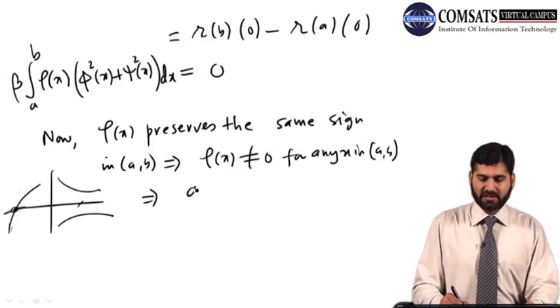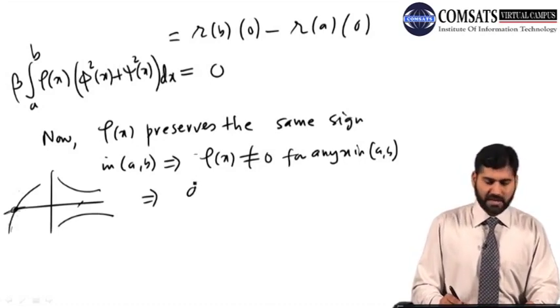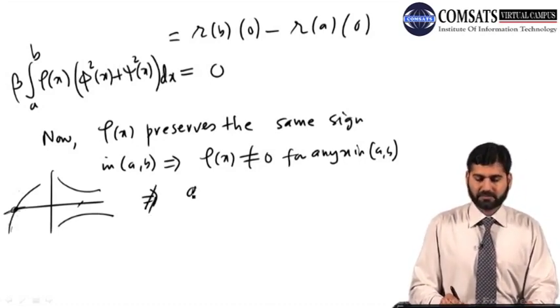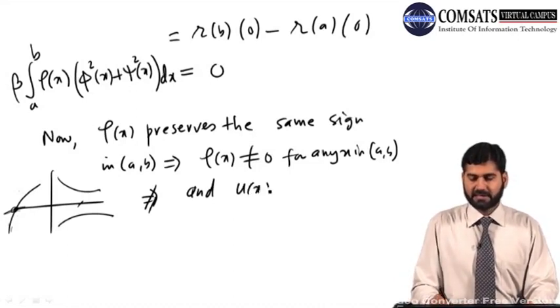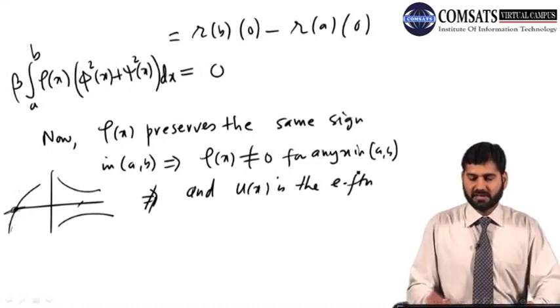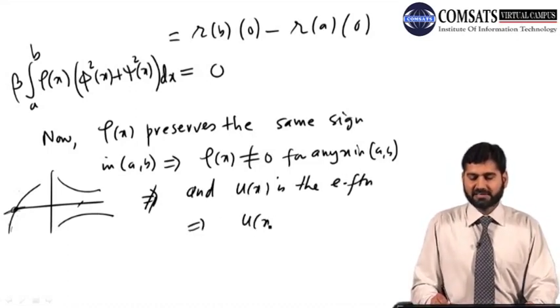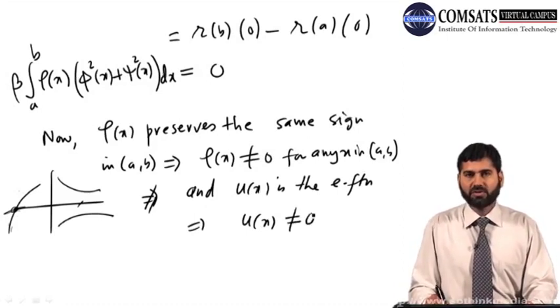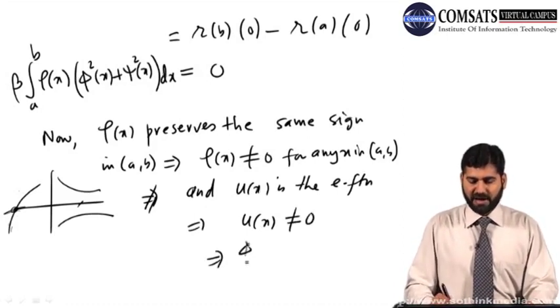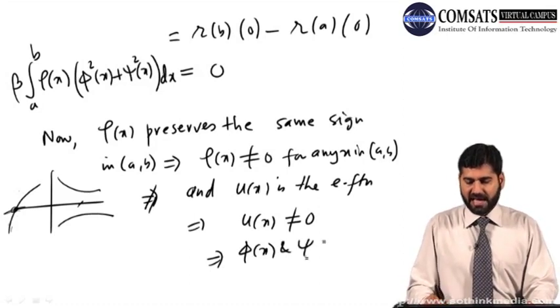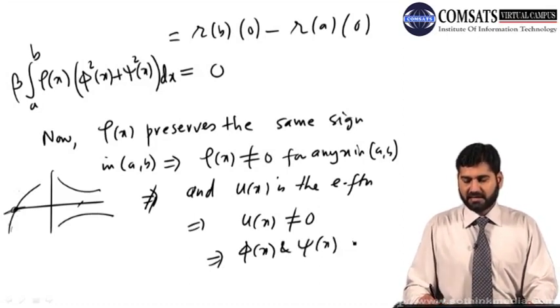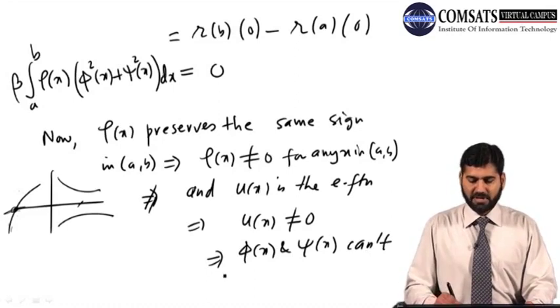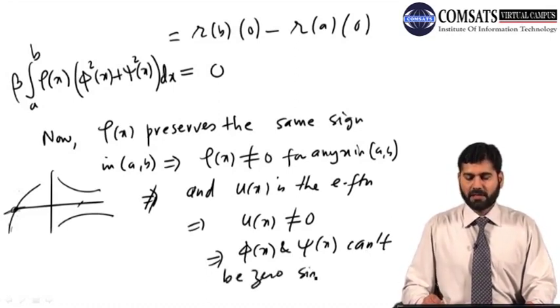So this implies that rho(x) is not equal to 0, and u(x) is the eigenfunction. This implies that u(x) is also not equal to 0. So this implies that phi(x) and psi(x) cannot be 0 simultaneously.